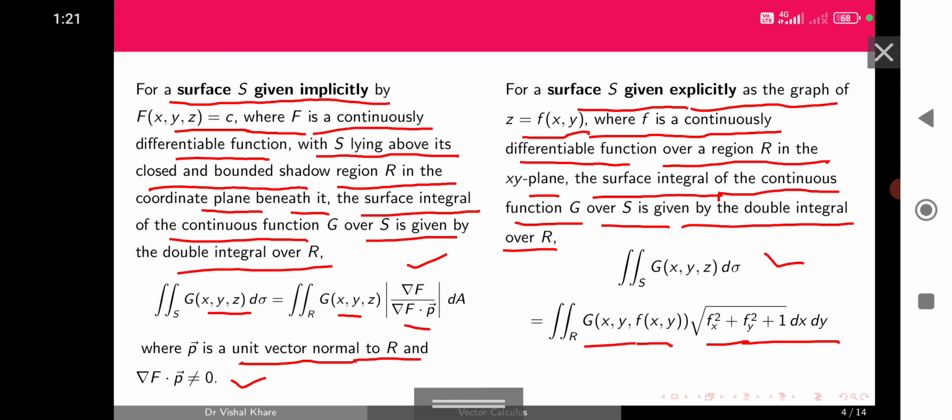This formula changes according to the graph, for x = f(y,z) and for y = f(x,z). So according to the graph of the function, this formula will get changed.